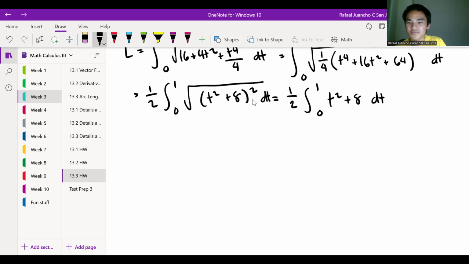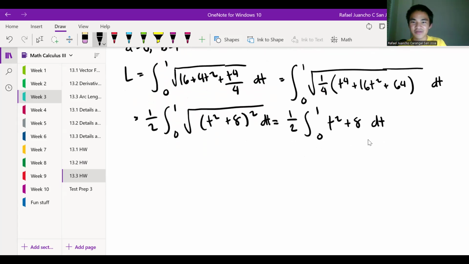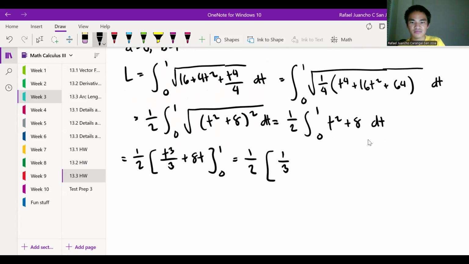Phew, the hard part's gone. So that's usually the tricky part here when we're doing an arc length. And then now integrate like so. So we have 1/2, we have t cubed over 3, we have 8t. Then I evaluate this thing. So I get 1/2, 1/3 plus 8, so that thing minus another thing.